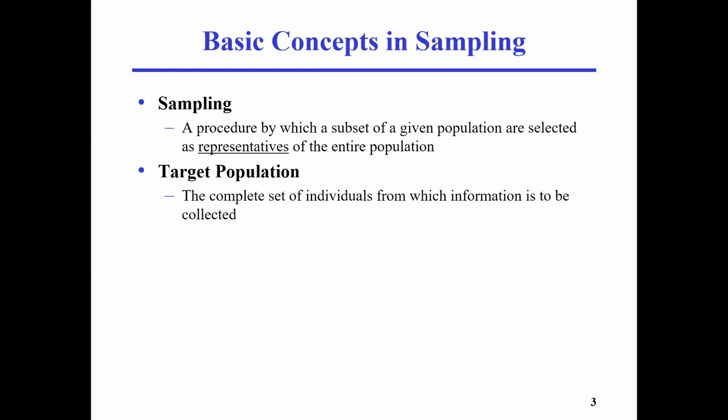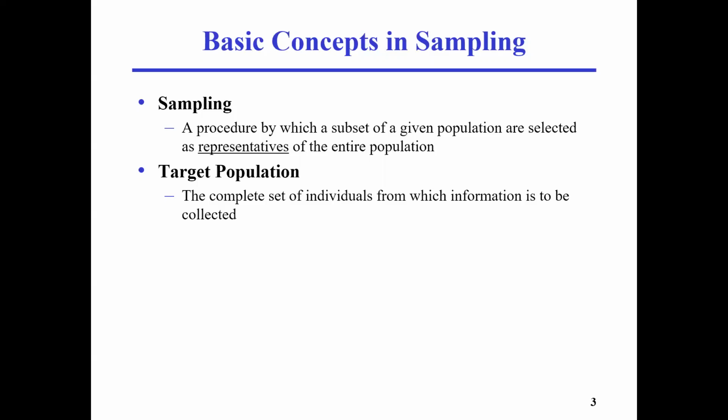And let's just go through some basic concepts in sampling. So first, sampling: a procedure by which a subset or a part of a given population is selected as representative of the entire population.